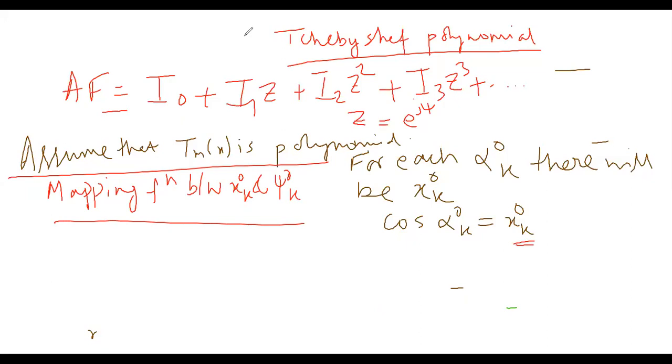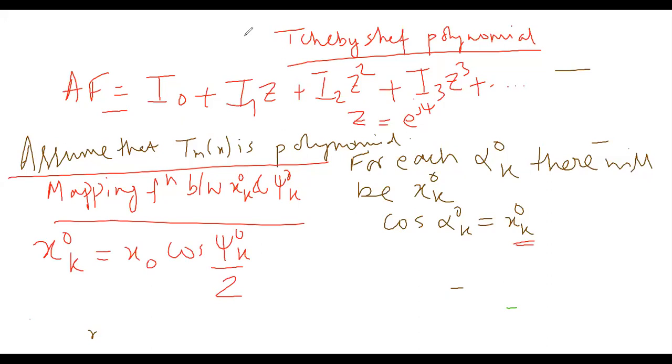Now the thing is, what is that mapping function? The mapping function is x naught k is equal to x naught cos of psi naught k divided by 2.